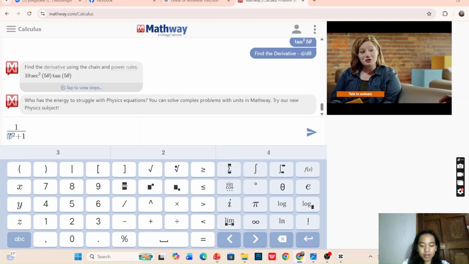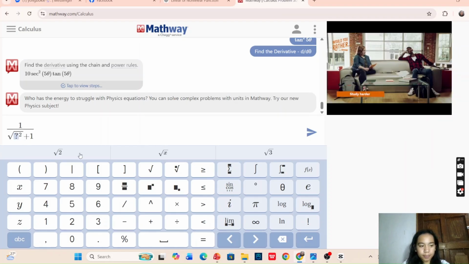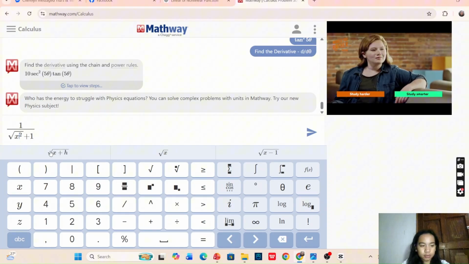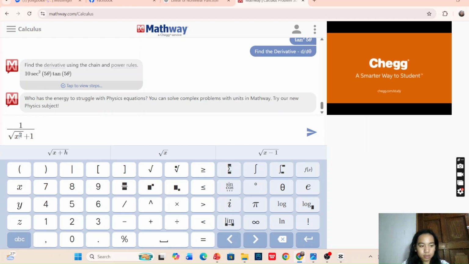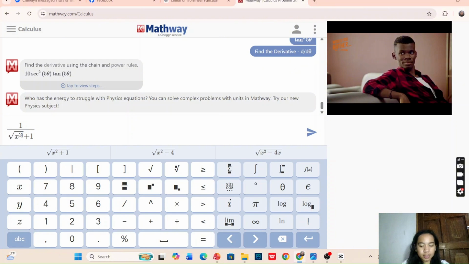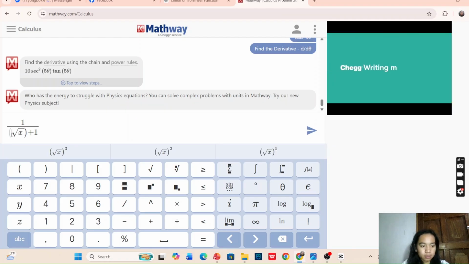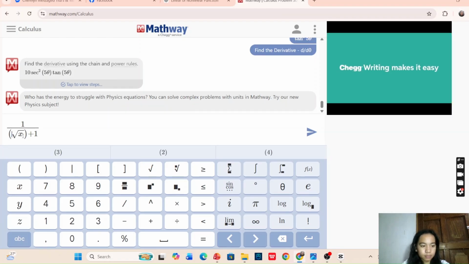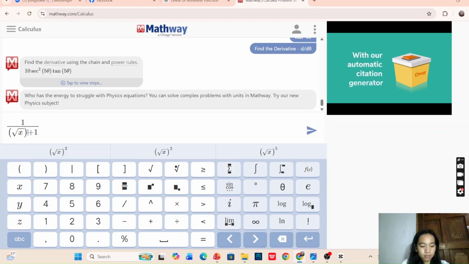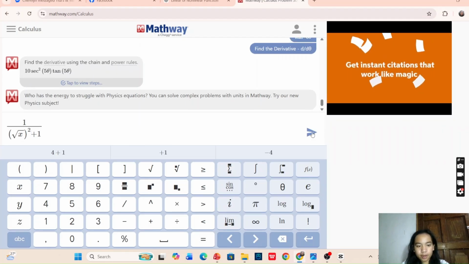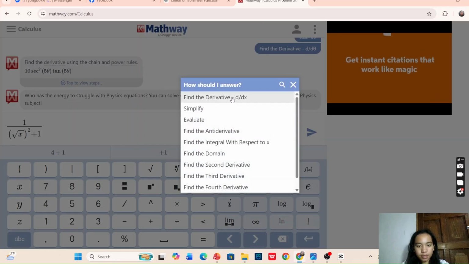For our x here is the square root of x, since we're going to plug in g of x into f of x. This will be squared, minus the derivative.